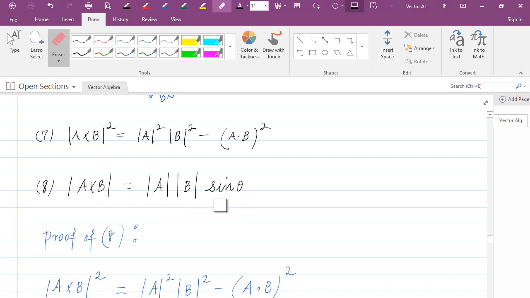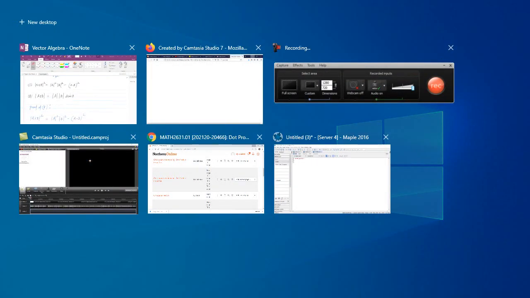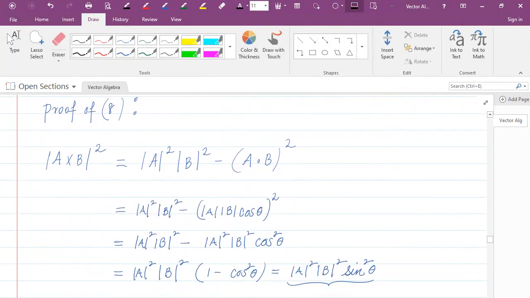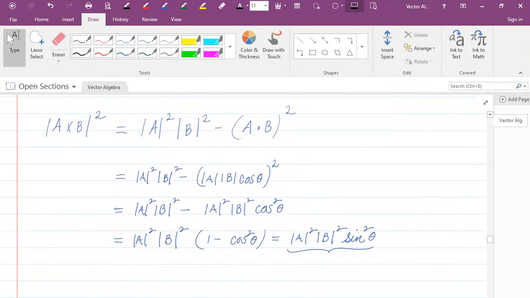And so this is a very important property. Let's look at a proof of 8 where we're going to use number 7. Using number 7, the length of a cross b squared is the length of a squared times the length of b squared minus a dot b squared.